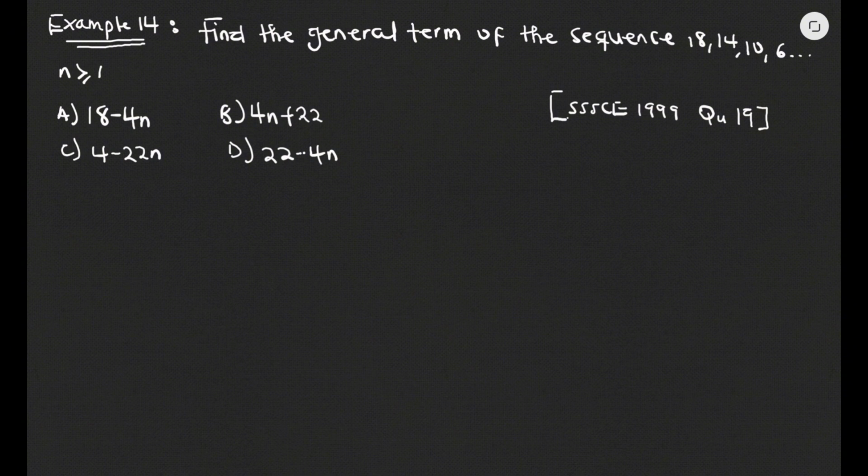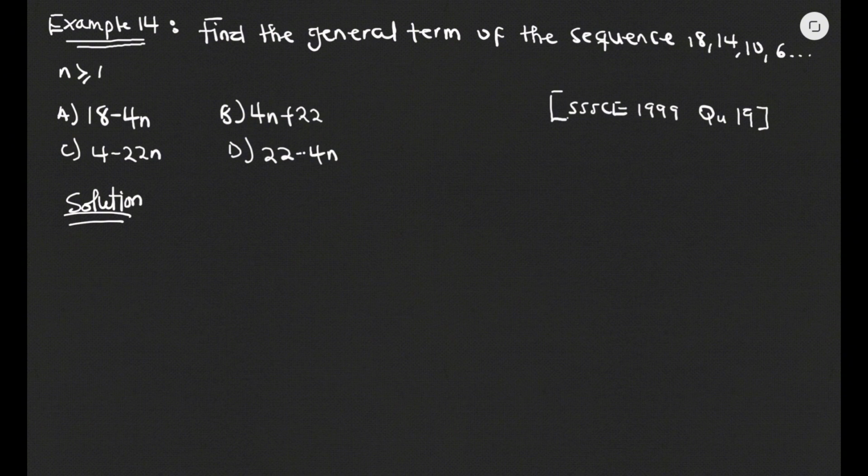This is the SSCE 1999 question number 19. Now if you look at this problem, this is the exact same example that we did in question number 12. It was a repeated question, but let's go ahead and look at the solution once again.